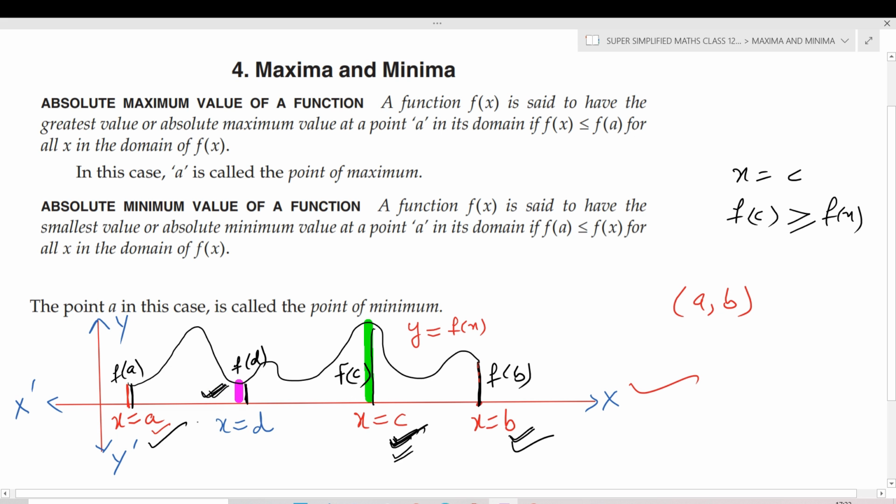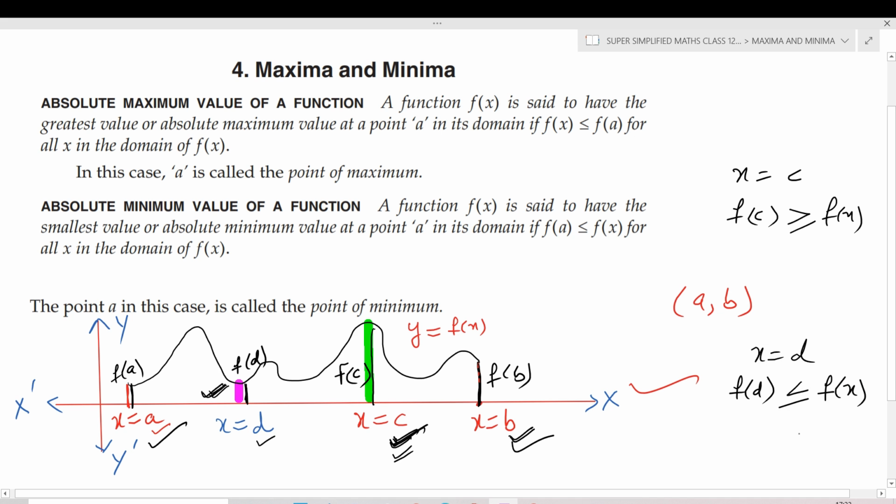That means the function is attaining its absolute minimum value at the point x equal to d. So the value of the function at the point x equal to d, which is f(d), is the absolute minimum value of the function. Why is it the absolute minimum value? Because it is less than or equal to any other value of the function at any other point.